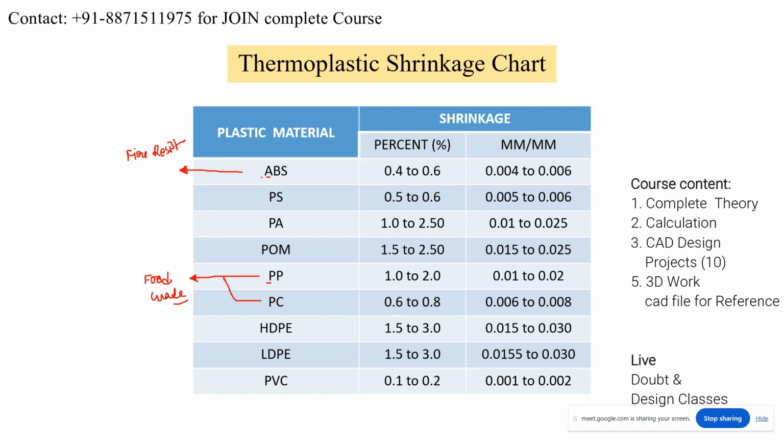It can resist fire, or you can say it can resist heat. So if we are preparing a component, a part which must resist heat, we have to use ABS material there. Example, automobile components. PC is also a fire resistance material, so we can use it in automobiles.